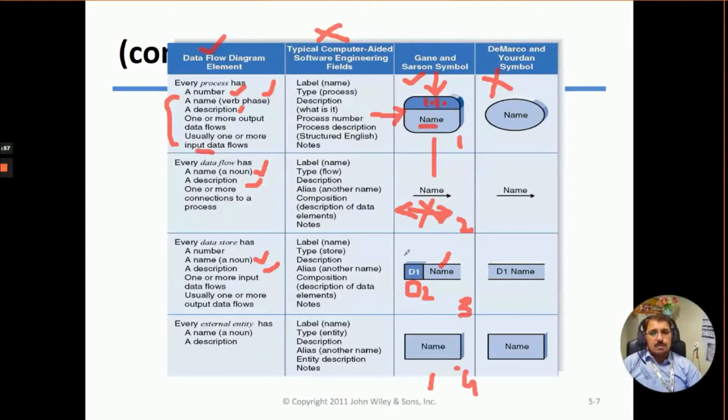If no data comes in, is it possible to store information? Information should come first to store. If no information is coming, how will the information be stored? This is why it must have input to the data store. Another point, if we store the information, why are we storing it?